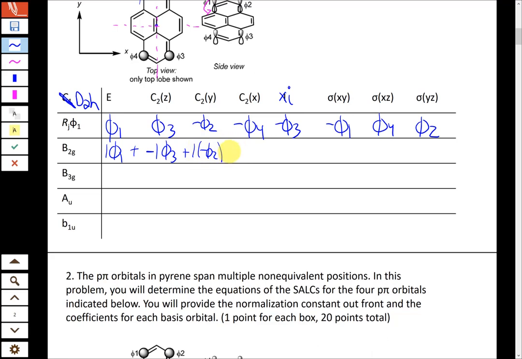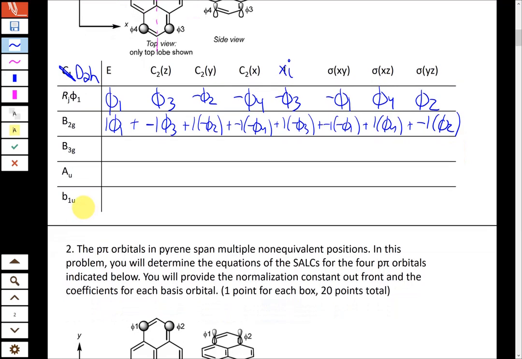and then we have a minus 1 character times minus phi 4, plus 1 times minus phi 3, and then we get a minus 1 times minus phi 1, and then we get 1 phi 4, and then minus 1 times phi 2.